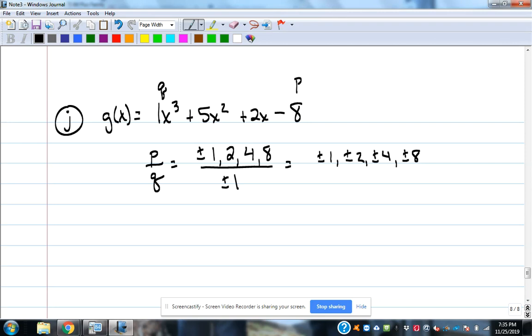Okay, so what's the next step that we did? After we made our P over Q list, we did what with the polynomial? We graph it. Okay, that's the next step, is to graph it.